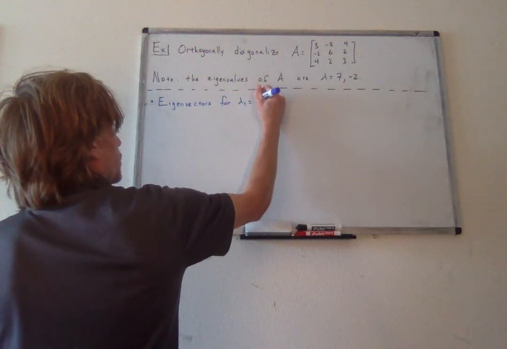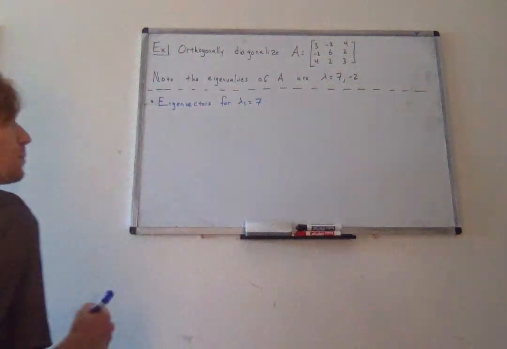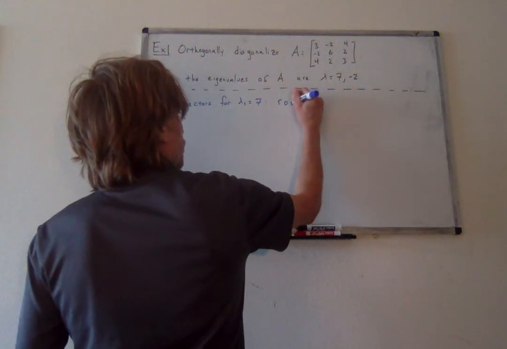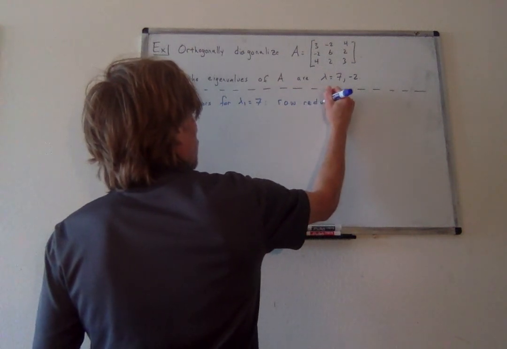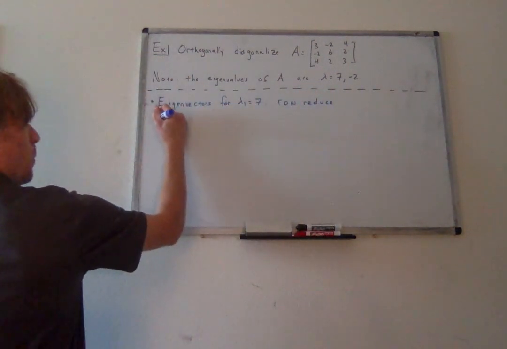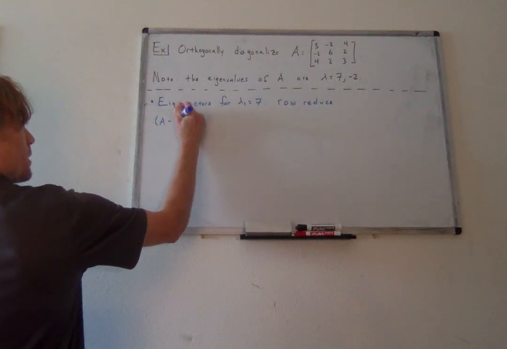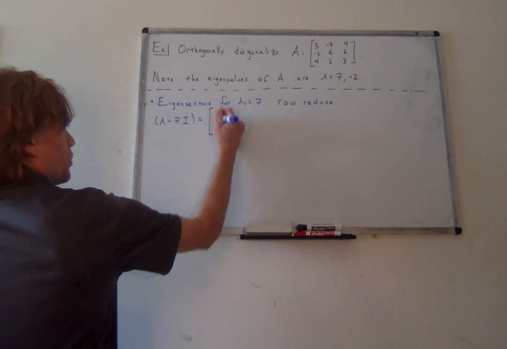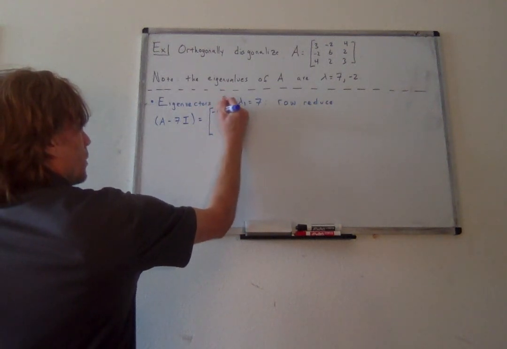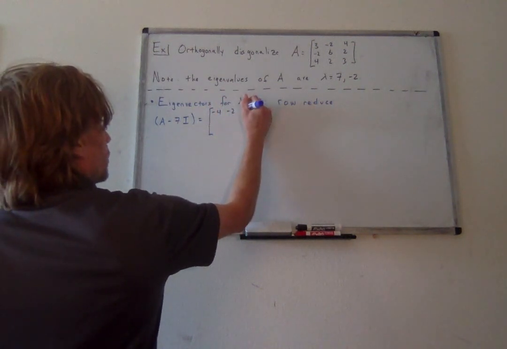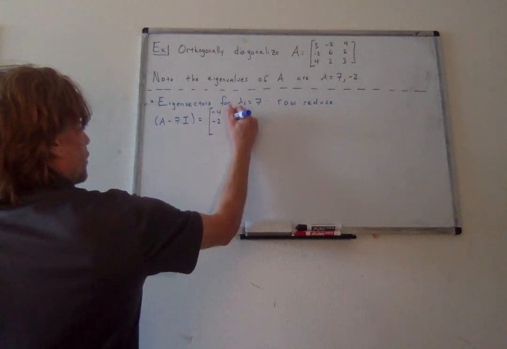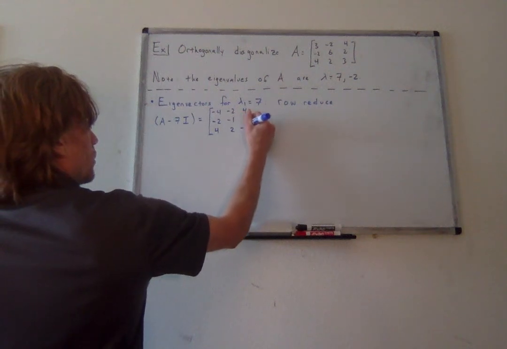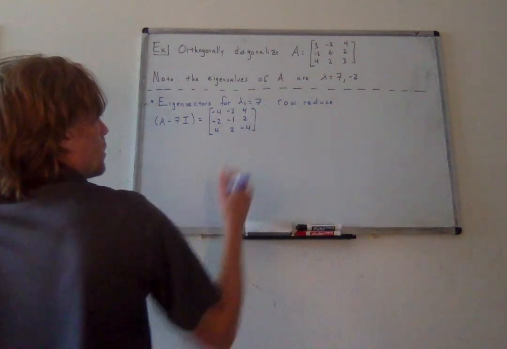for lambda 1 equals 7. And to do this, we want to row reduce the matrix A minus 7I, which is equal to -4, -2, 4, -2, -1, 2, 4, 2, -4.